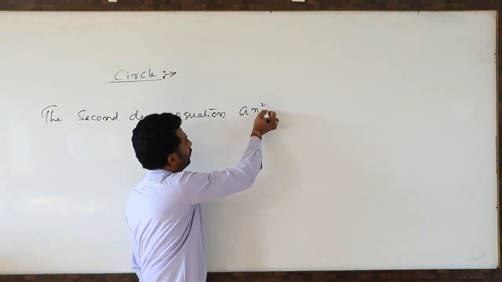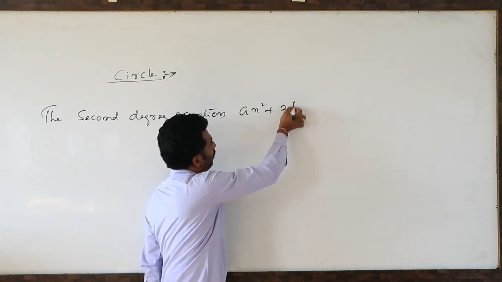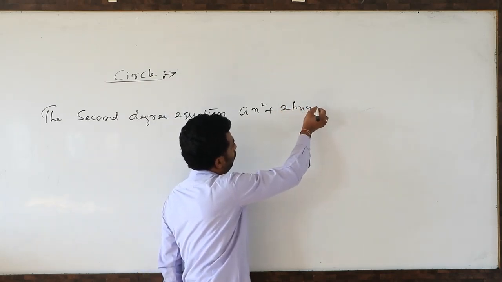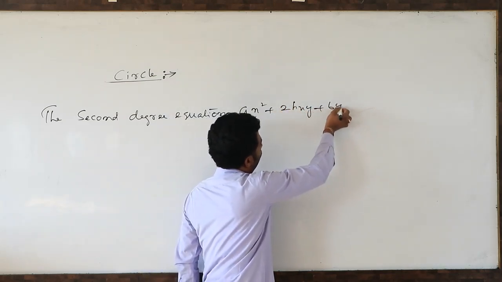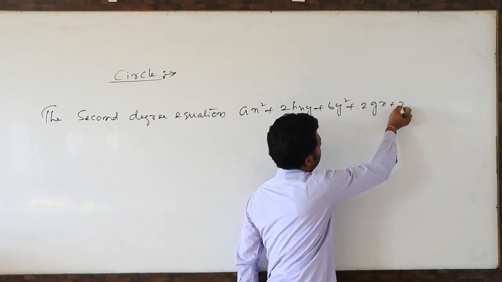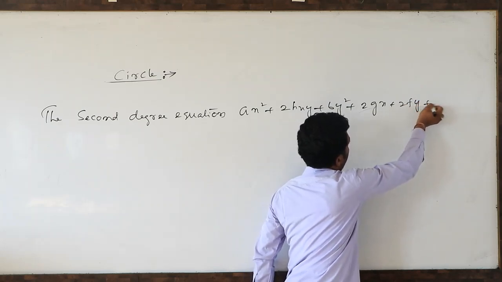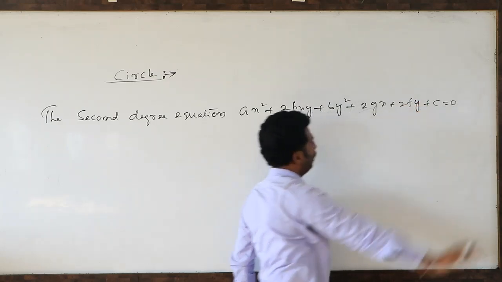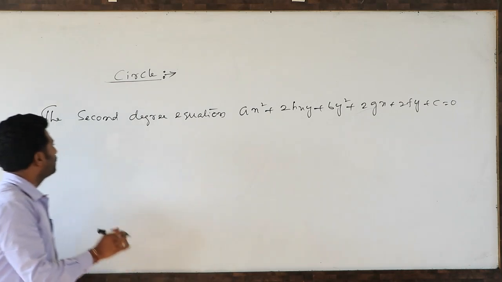I am writing it like this: ax square plus 2hxy plus by square plus 2gx plus 2fy plus c equal to 0, representing a circle.